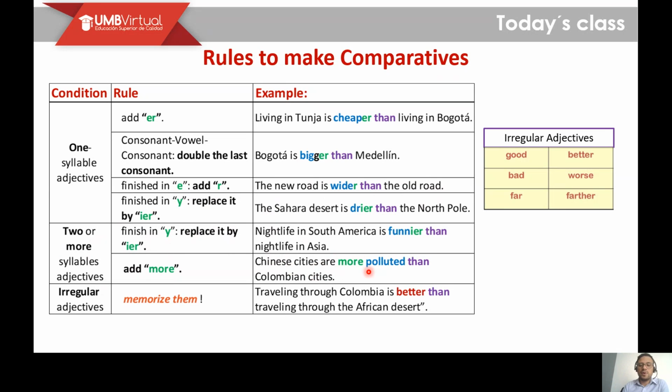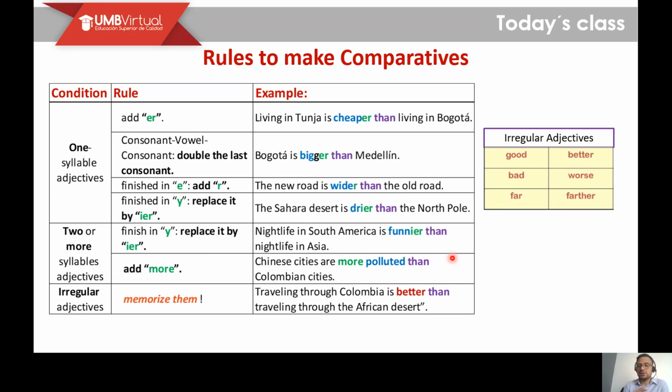But if it is longer, and it is not finished in Y, we are going to add the word more. For example, polluted. Polluted is three syllables, polluted. Yeah, we are going to add more, and we don't modify the adjective. Si es muy grande, polluted, tres o más sílabas y dos o más sílabas, lo que vamos a hacer es agregar la palabra completa more.